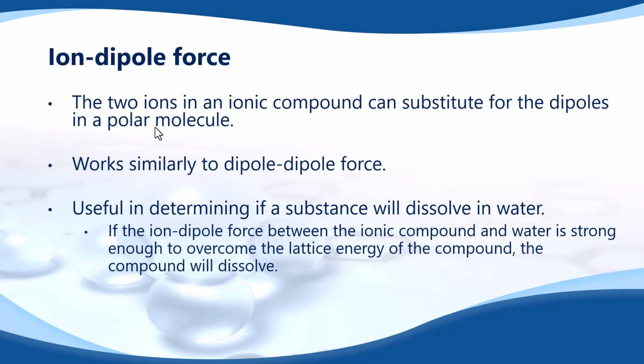Again, Coulomb's law, this is the reason why low charges, large ions, generally tend to be very soluble, because the ion dipole force between those ions and the water is stronger than the lattice energy that holds those compounds together in the ionic solid. Right, so that is ion dipole, which is kind of a fourth intermolecular force.